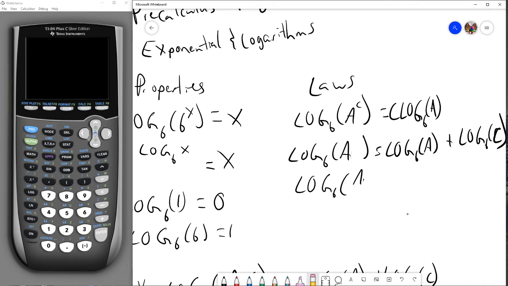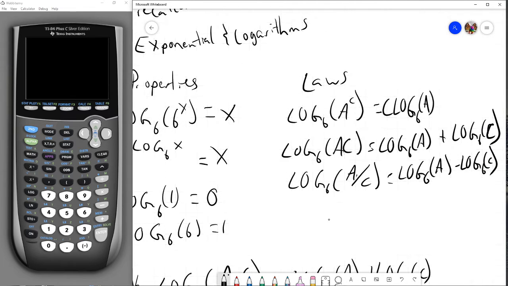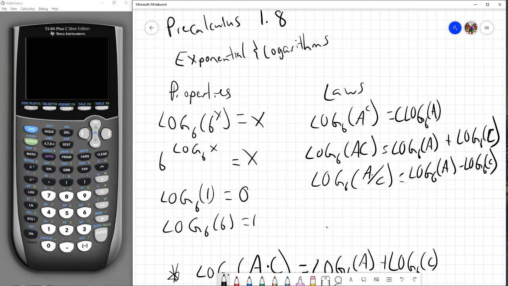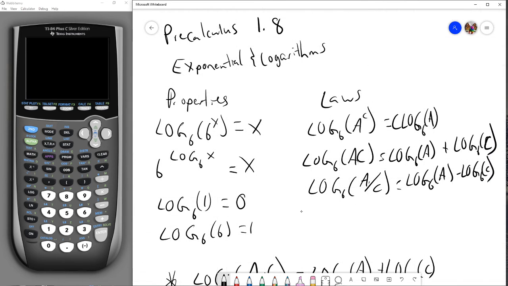So that needs to be a c. Log base b of a over c is equal to log base b of a minus log base b of c. So, let's zoom out a little bit. There is all of our fun facts about logarithms right there, besides the domain and range properties, of course.